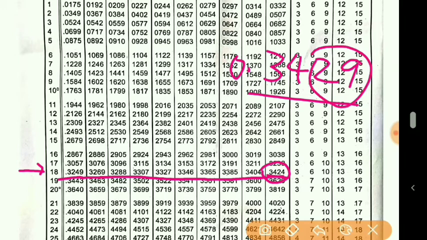So now we will see the mean difference. How much do we have to add to this 24 to get this 29? We know that we need 5, but exactly 5 is not there. There is 3 and 6. So which is the nearest value?